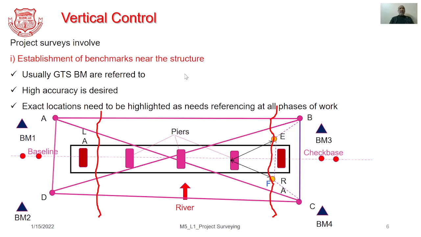Vertical control is in view of maintaining various levels. They could be required at the base, at the foundation, at decks, soffits, so to say, the various stages as we go up in altitude in the project. In vertical control, these project surveys involve the establishment of benchmarks near the structure.